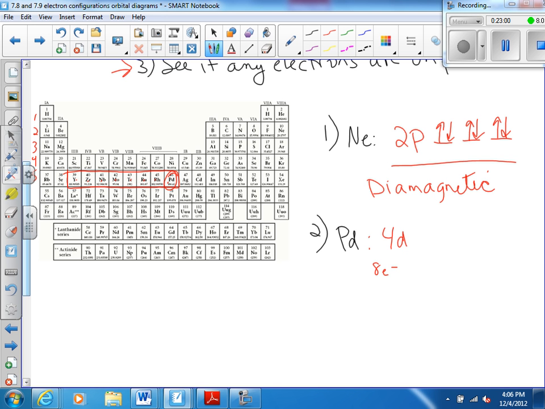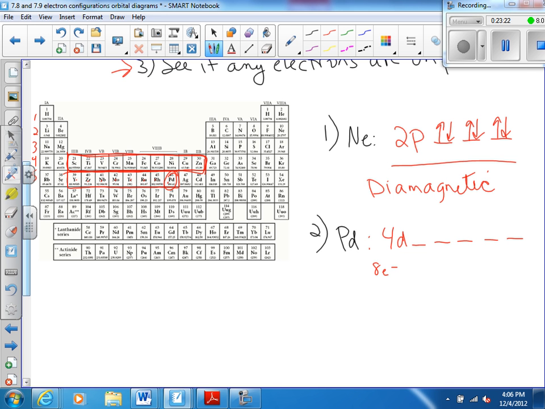Now D's, how many orbitals are there in a D sublevel? I remember there's 5. 1, 2, 3, 4, 5. If you ever forget, what you can do is count the total boxes in a sublevel and divide by 2. The D's have 10 total boxes, and you divide by 2 to get 5 orbitals.